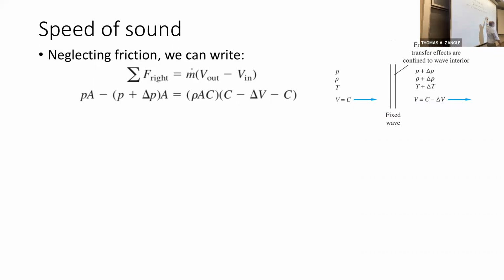And this is our statement of momentum change across that wave. So pressure forces are balanced by change in momentum. In this case, the area cancels, and we're going to end up with this expression: delta P is rho times C, the thing we're trying to find, times delta V.